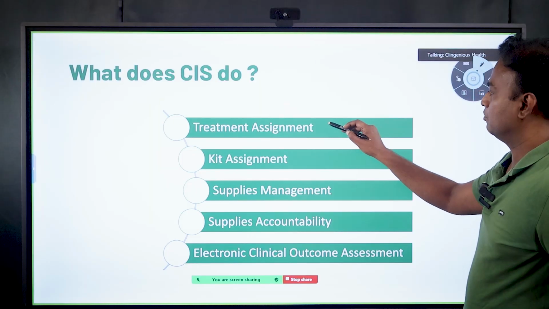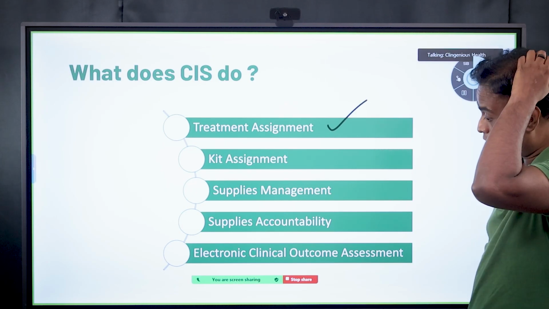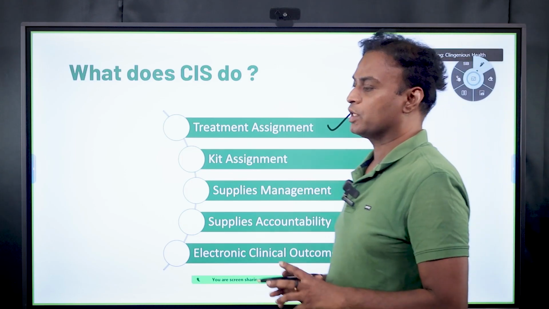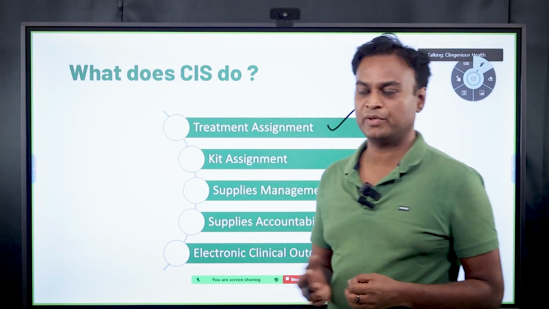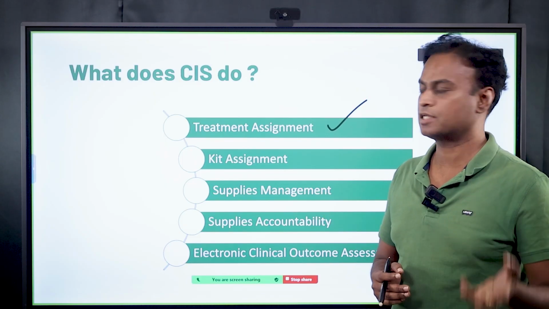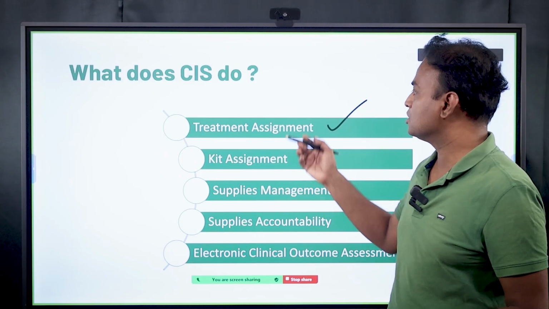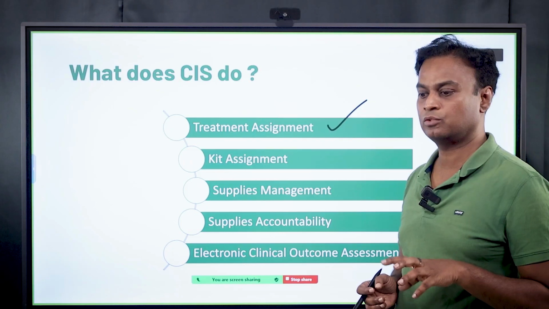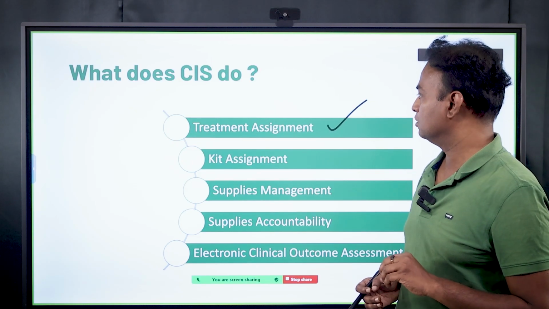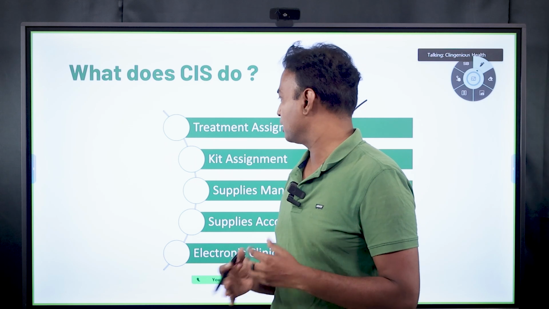One is treatment assignment. When you are conducting a clinical trial, the patient has come. Whether to assign a placebo to the patient, or to which treatment arm he has to be randomized, is decided by an IRT system, whether we have to assign him to the placebo group, active group, test group, or reference group.